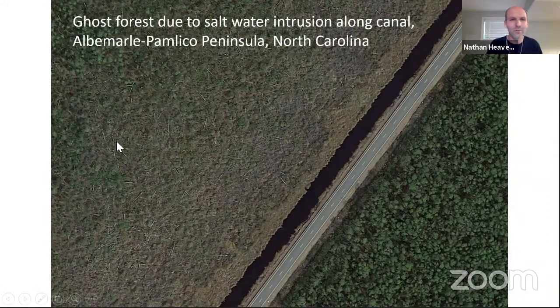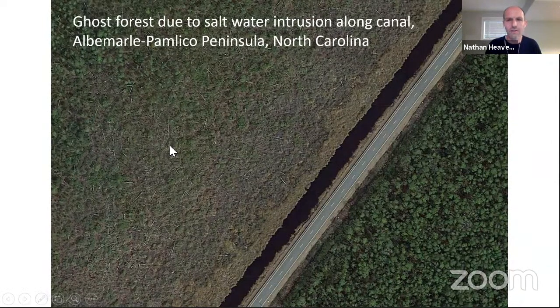Just in putting together this presentation, I've not been down here, I just started looking at this, places where these ghost forests are reaching very, very far inland in the Albemarle-Pamlico Peninsula in North Carolina, where there were canals constructed for draining the areas or irrigation, and you raise the sea level a foot or something, and they're working in the opposite direction to bring salt water in very, very far inland.